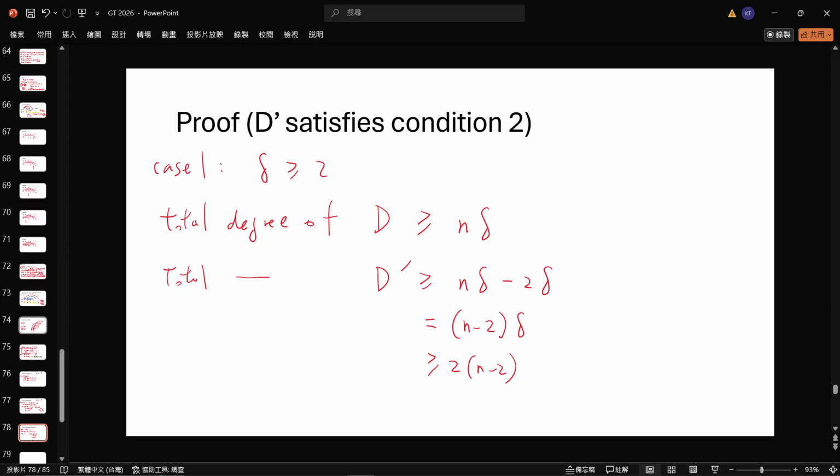And this is actually what we need, because for d prime to satisfy condition 2, because d prime has length, or let me put it this way, okay? So we want to show that the total degree is at least 2 times, but instead of using n, I'm going to replace it with the length of d prime, okay? So this d prime surrounded by these 2 vertical bars is the length.